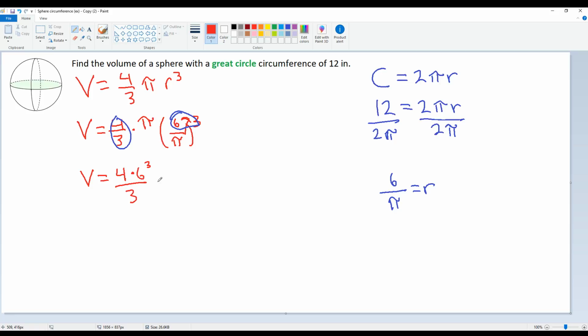And then I want to do times pi over pi cubed. So that takes care of this and this. So now this is all numbers. You can just plug that into your calculator and simplify it, and you're going to get 288.